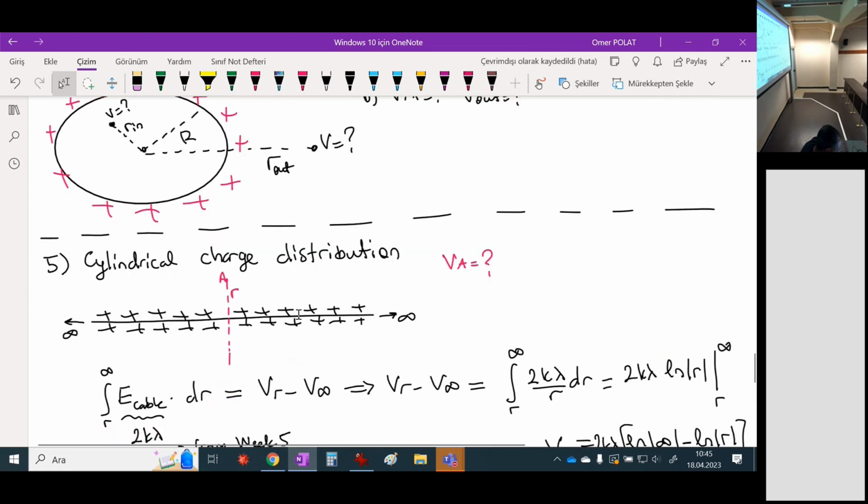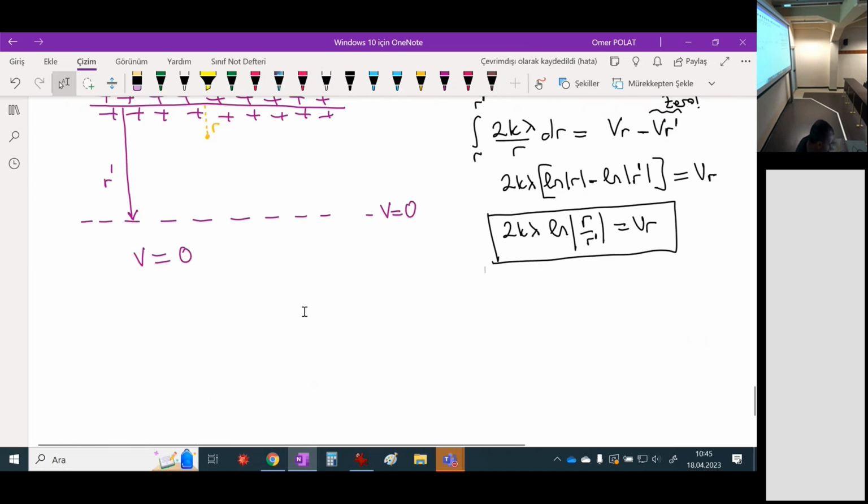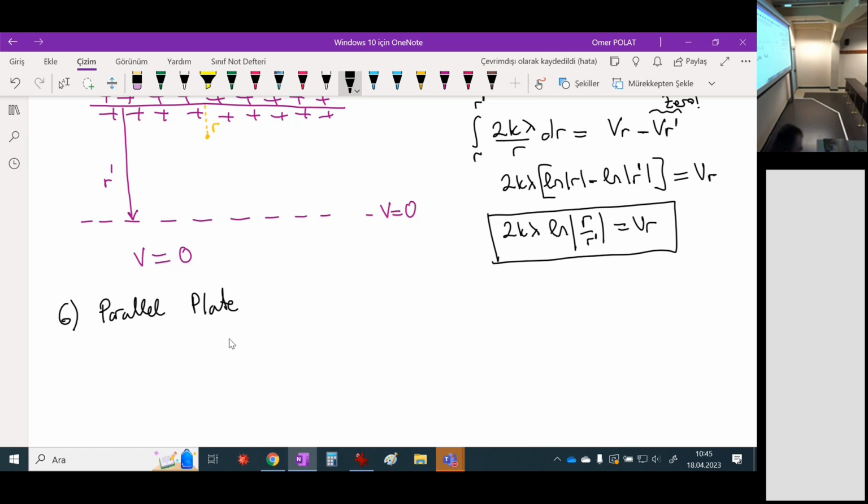Yes, last one. Last one is K6, parallel plates. Infinitely large parallel plates. Parallel plates, electric potential.